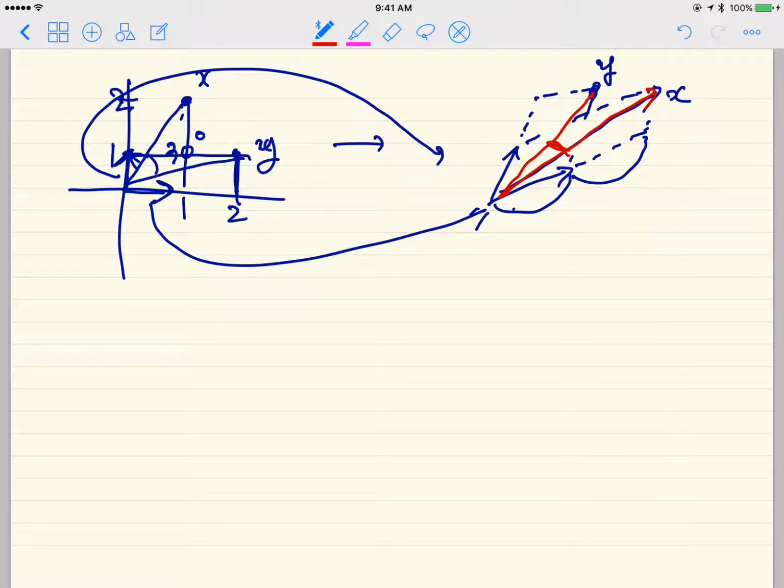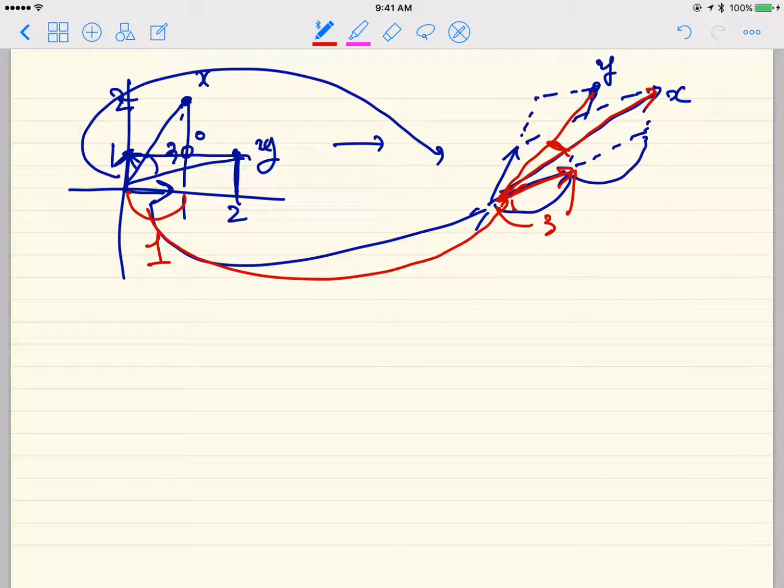And then also in terms of the length, orthonormal means they have a 90 degree angle and the length is still 1, right? But if we map this vector into a vector of length maybe 3, so from this vector of length 1, it became a vector of length 3.